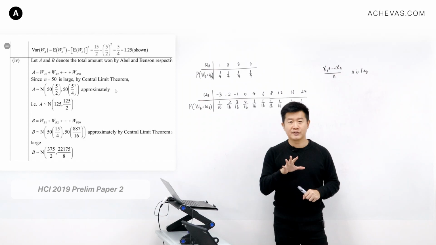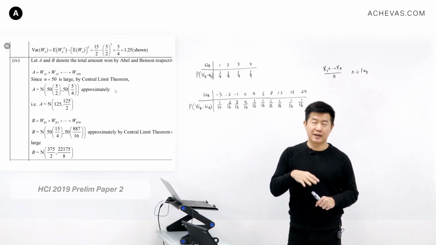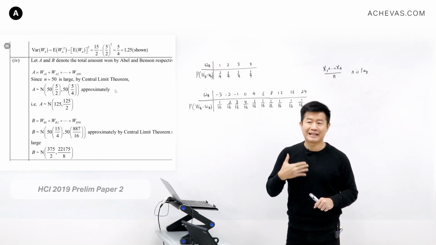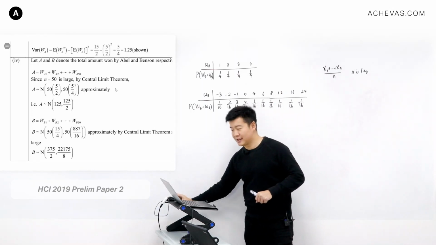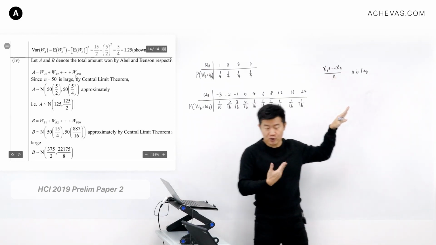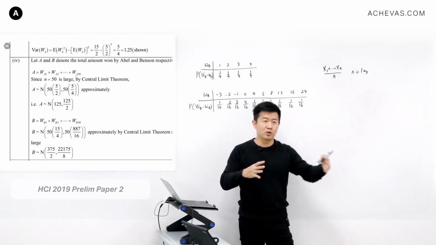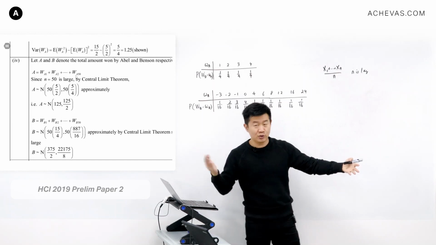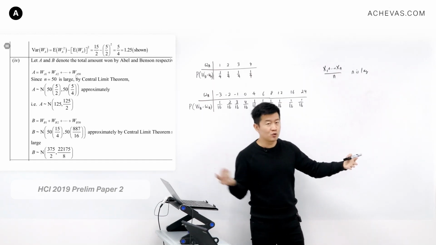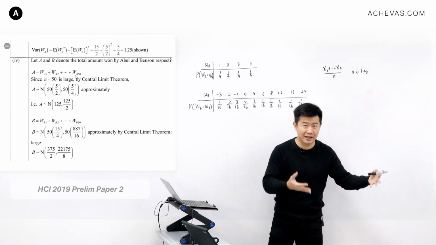Just out of curiosity, for your schools, has any school more explicitly mentioned that central limit theorem is also applicable to this instead of just to this? Any of your schools actually say central limit theorem is also applied for x1 plus x2 all the way to xn, provided that n is large? You don't need to divide by n. Because all schools will talk about x1 plus x2 all the way to xn divided by n.